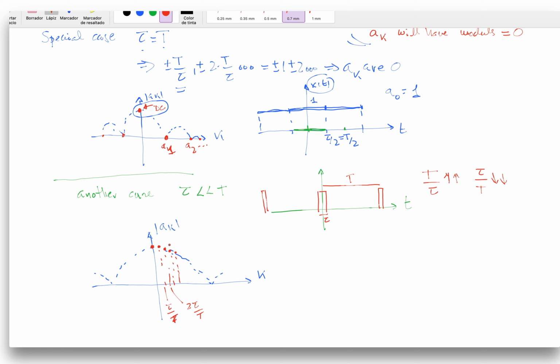Well, so in this case, if the impulses are almost like delta functions, then the result is that the spectrum of the amplitudes is almost a continuous signal. Okay, so this will be what will drive us to define the Fourier transform, which is something that we will do in the next topic of the subject.